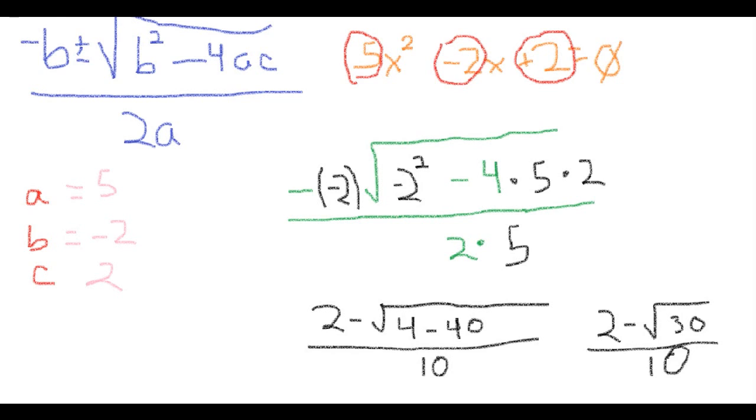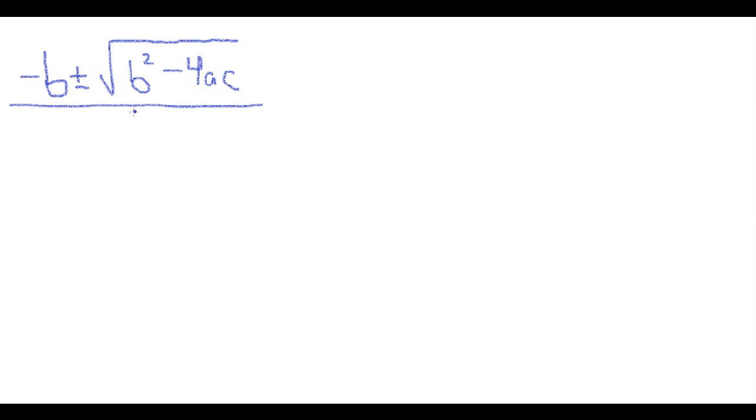Let's do another example. Once again, let's write down our quadratic formula, which is negative b plus or minus the square root of b squared minus 4ac over 2a.